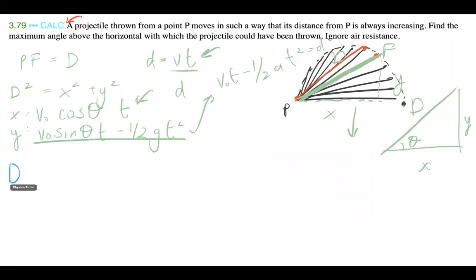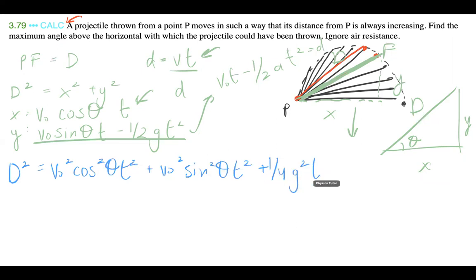So d squared is equal to v naught squared cos squared theta t squared plus v naught squared sine squared theta t squared plus 1/4 g squared t to the 4 minus g t squared v naught sine theta t, right?